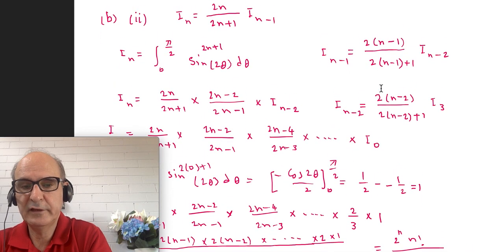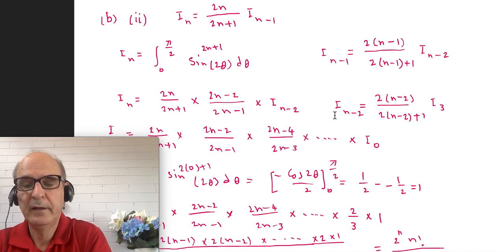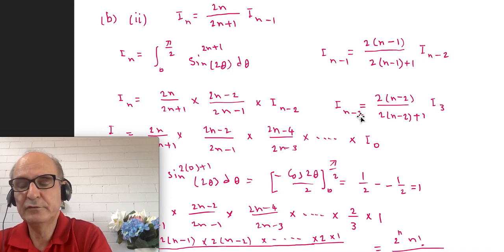What does this tell us? If I write the original statement, I_n is equal to 2n over 2n plus 1 times, I'm replacing I_(n-1) with this. So 2n minus 2 over 2n minus 1 times I_(n-2). And similarly, for I_(n-2), if I replace n here with n minus 2, I end up with this.